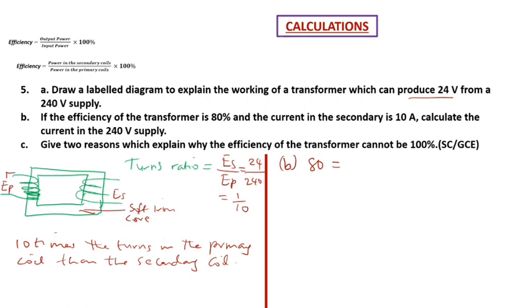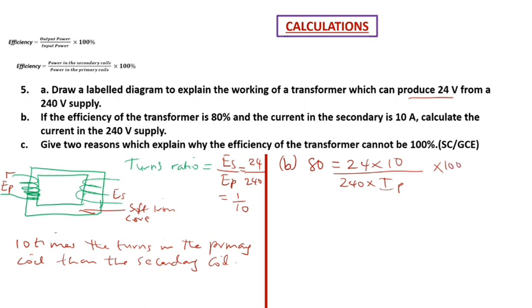So we know that the power output will be the secondary voltage 24 times the current in the secondary coil 10 all over the primary voltage 240 volts times the primary current times 100%.